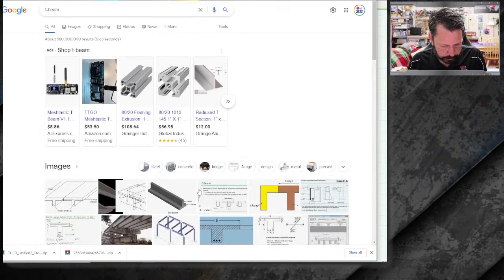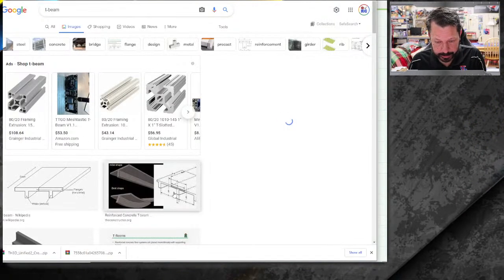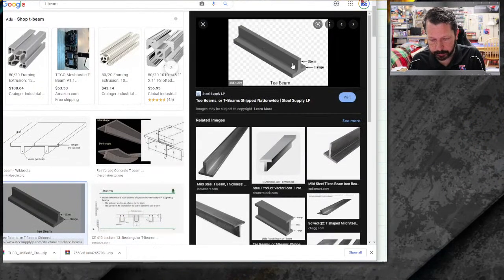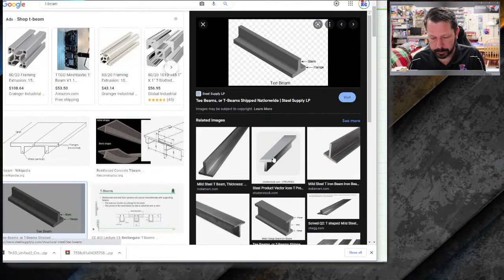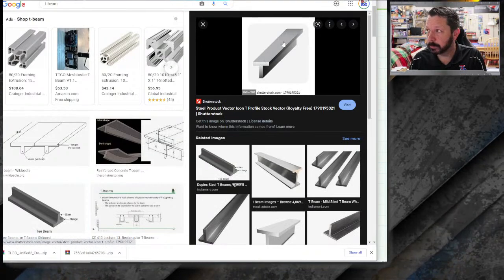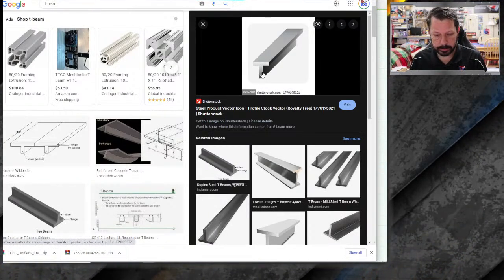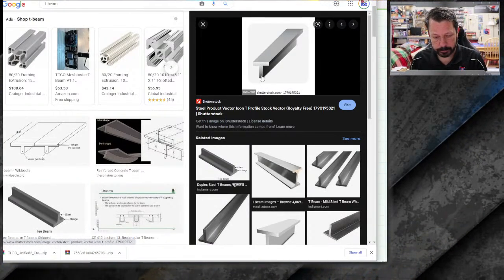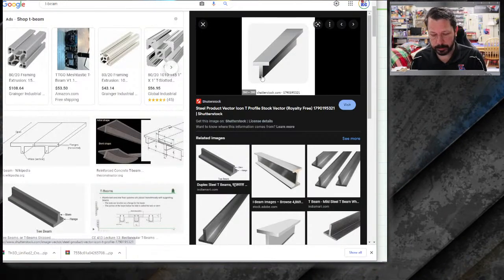Those are not T. Well, this is a T. It's upside down from what we drew, but there's a T-beam, right? Here's kind of what I drew. So it's got a top flange on it and, in this case, a vertical stem. So those are the terminology that we'll need later on.